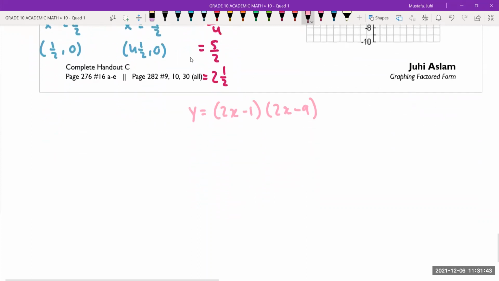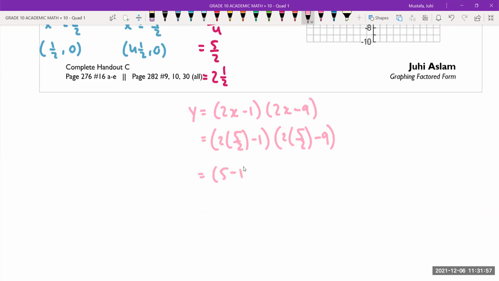And we're putting 5/2, the x value, into these. So it's going to be 2 times 5/2 minus 1, and then 2 times 5/2 minus 9. And I'll just quickly do this math. This is just going to be 5 minus 1. This is just going to be 5 minus 9. This is 4 times -4.